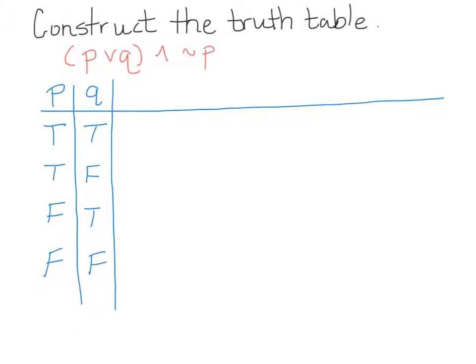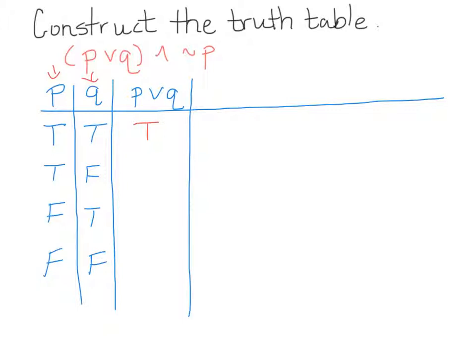Next thing inside the parentheses, we have P or Q. Well, this is the disjunction, and we talked about this. This is the or statement. It is only false if both are false. So we're going to look at the column for P and the column for Q. So true or true is going to be true, because we said it's only false if both are false.